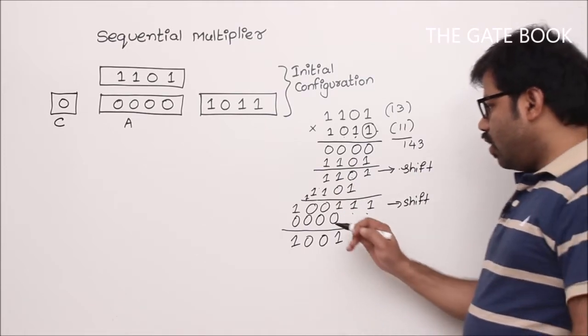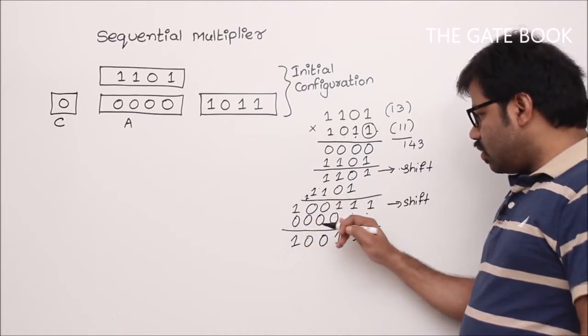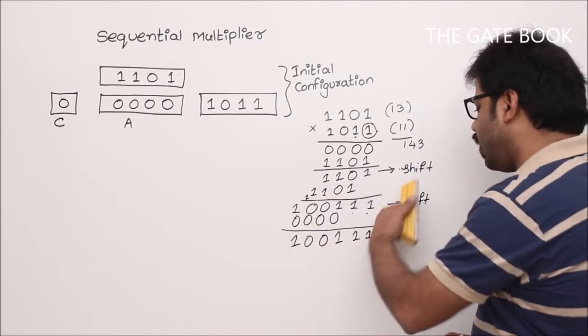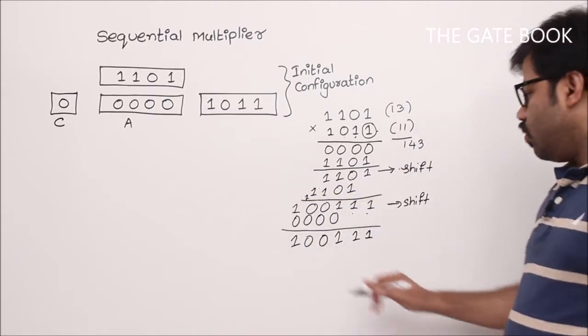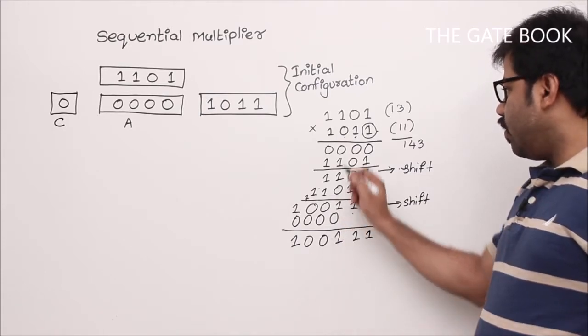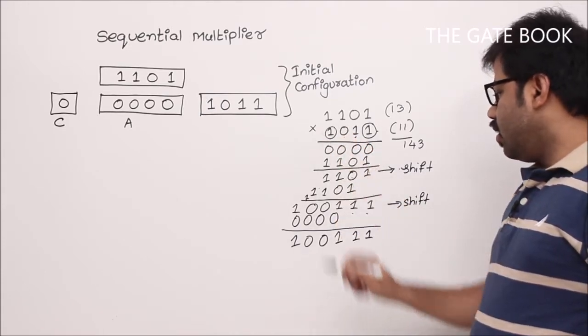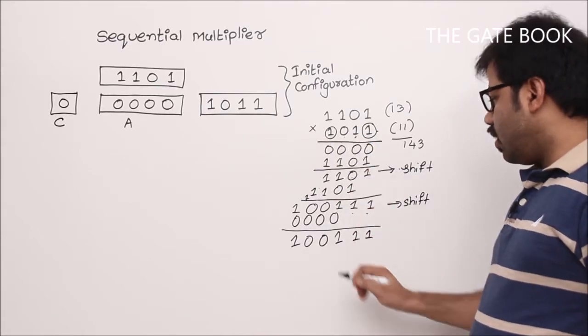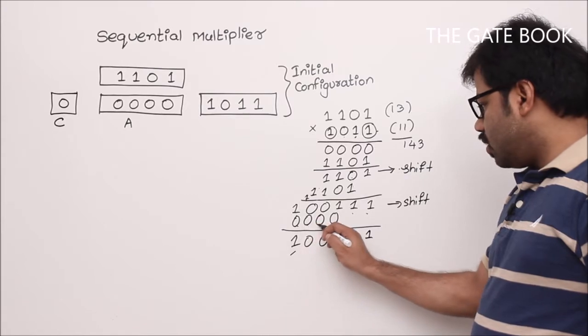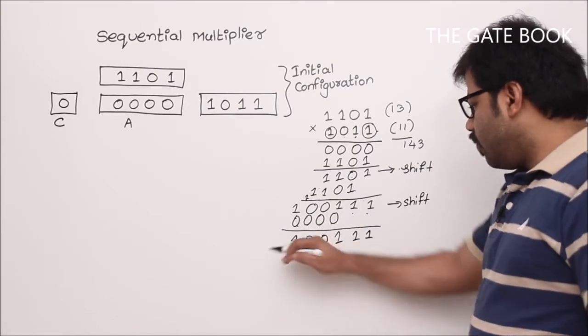Similarly here also we are not adding 0000 in the position of 1101. That's why it is called shifting it again to the right side. So you get 100111. Now after that, again we have to add 1, right? So we have to multiply with 1. That means you get 1101. See, previous time you added 0000 here. This time we have to shift it.